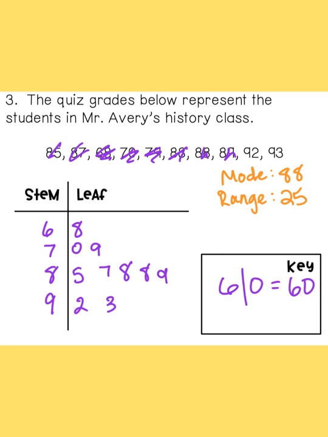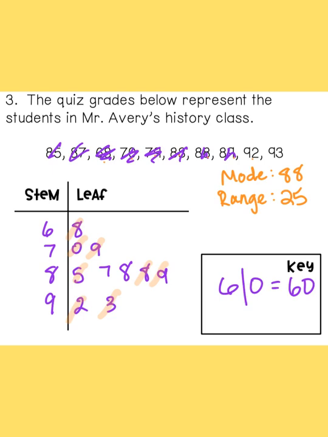Okay, my median, I can either write it all out and figure out which one it is. How many data points are there? There's 10. So I know I can at least get 4 out on each side, right? So I could say 1, 2, 3, 4, and 1, 2, 3, 4. So my middle is 87 and 88.